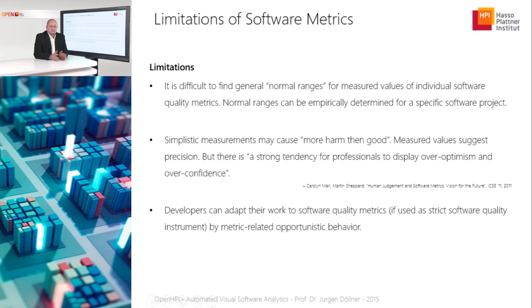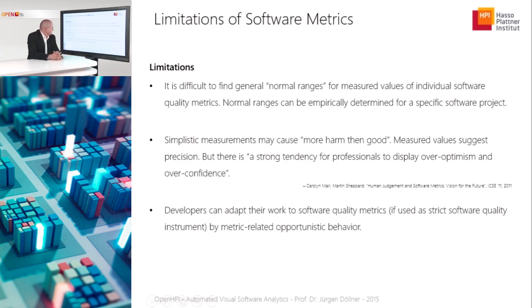But there is not a clear or objective normal range for certain metric measurements. Another limitation is that measurements can lead to a too simplistic view on the software development reality, so they can cause more harm than good.